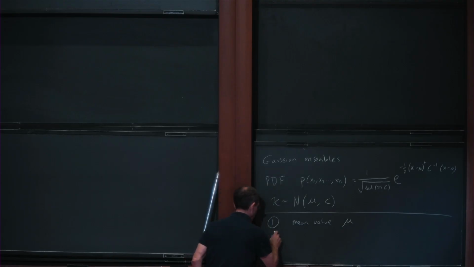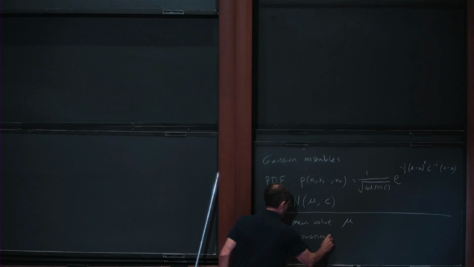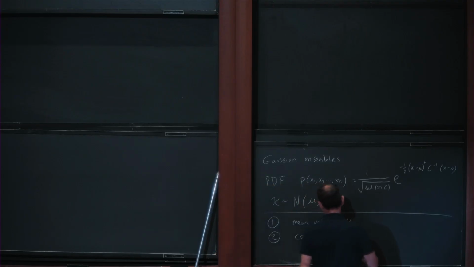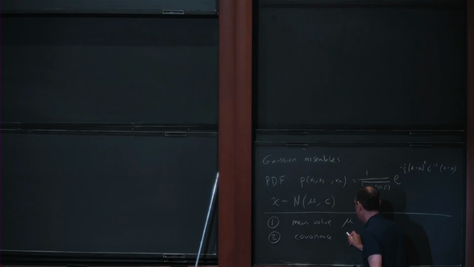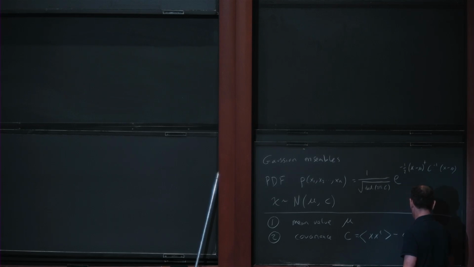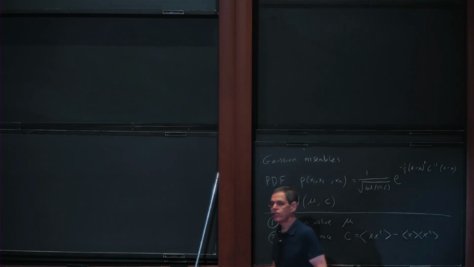Secondly, you tell me what the covariance is. In this case, it's C, and maybe I'll write it as the expected value of x times x transpose minus the expected value of x times the expected value of x transpose, like that. Okay. But then there's a third property.